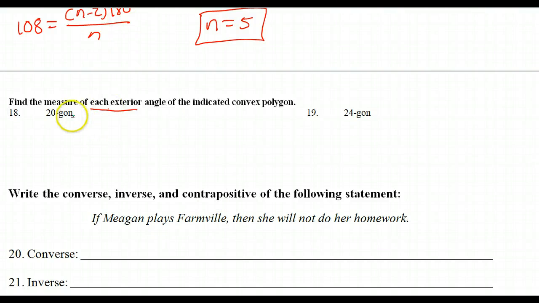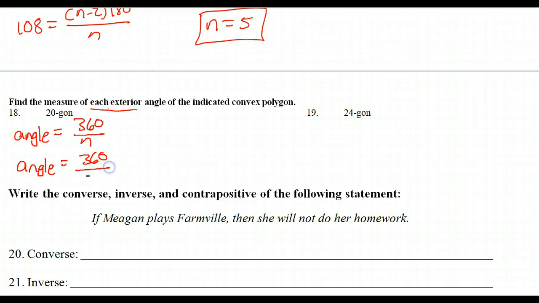So that means the angle in this case is just going to be 360 divided by the number of sides. Find the measure of each exterior angle, that's my angle, should equal 360 divided by the number of sides, which in this case is 20. So that's just going to be 18. Each angle is going to be 18 degrees.